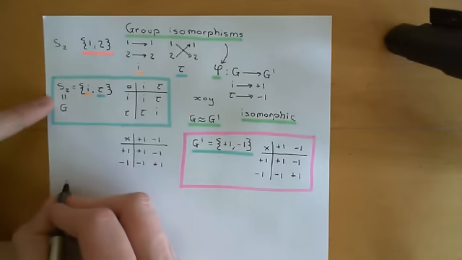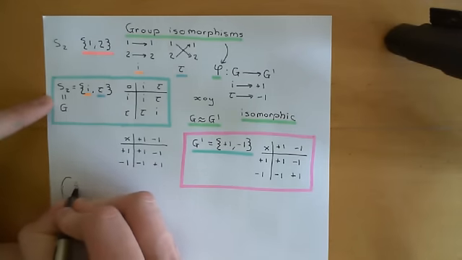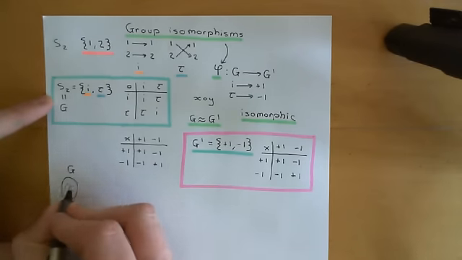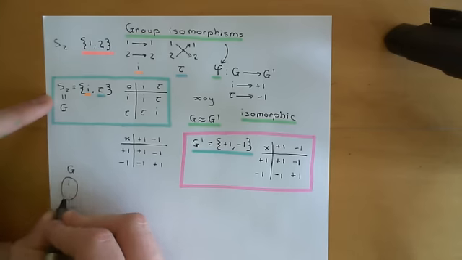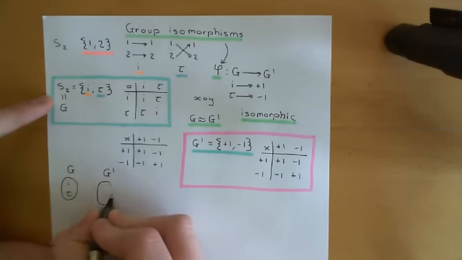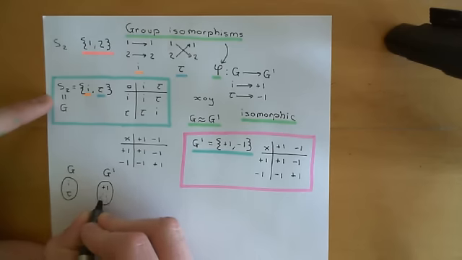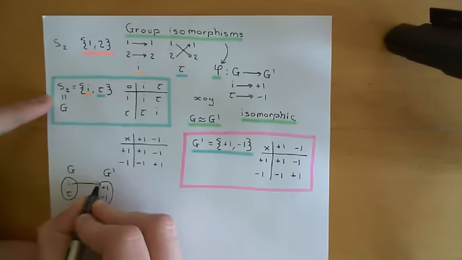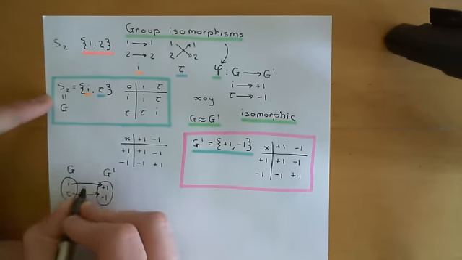So if I draw this out even better, let's have our group G here represented crudely as a little set here. And let's have my other group G prime over here with the two symbols +1 and -1 on. Then my isomorphism in this case is just this mapping.